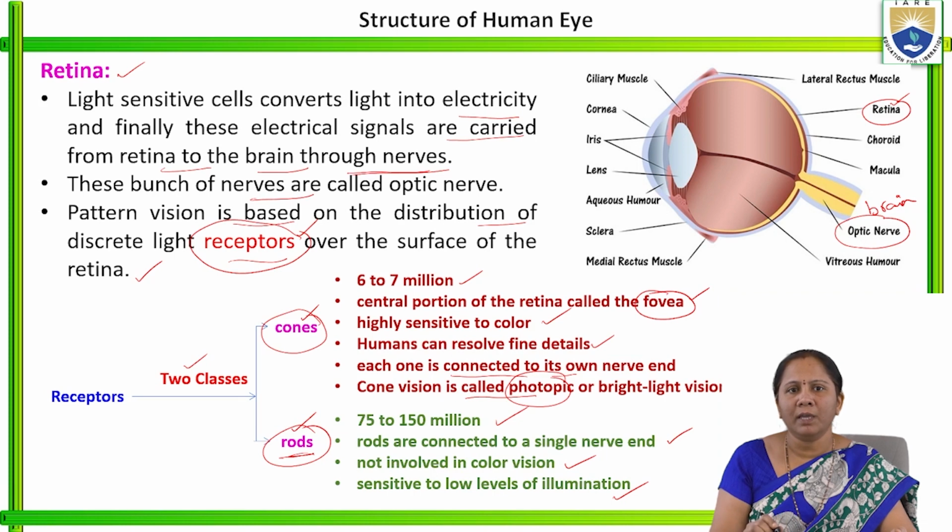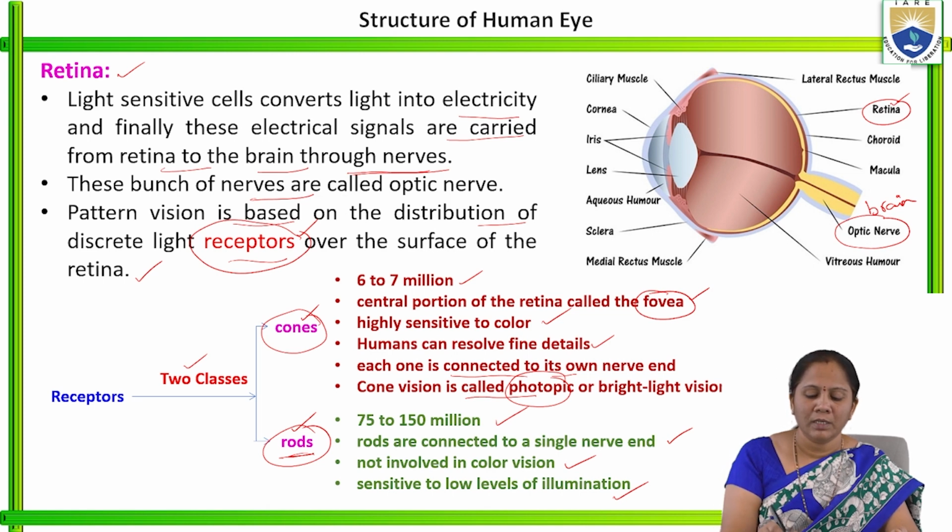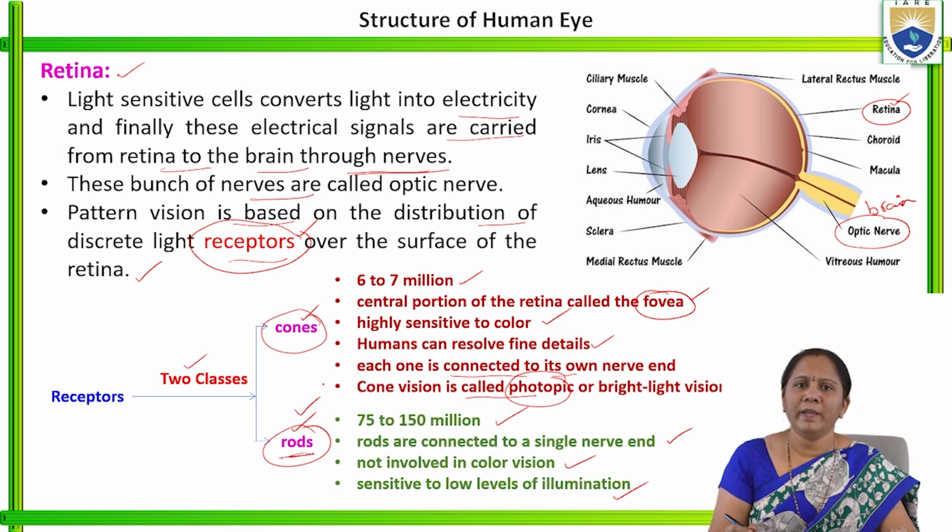If the same image is viewed in darkness, at that time the rods will be activated. Hence, during darkness, we are not going to identify the colors on that image.